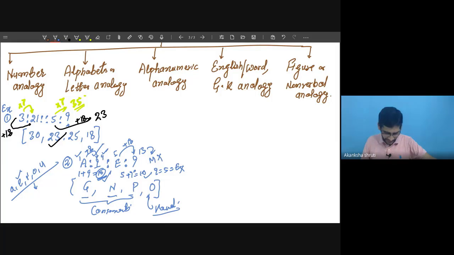So therefore, our approach of thinking in terms of consonants and vowels is correct. So the correct answer is O. O is correct. Getting it, students? So you have to think that way. So questions are very easy. You have to develop your thinking approach.